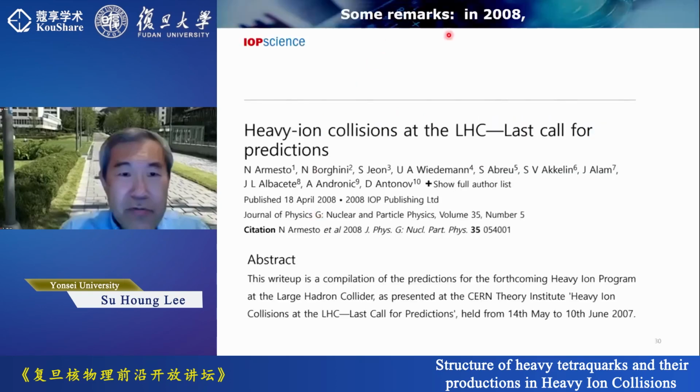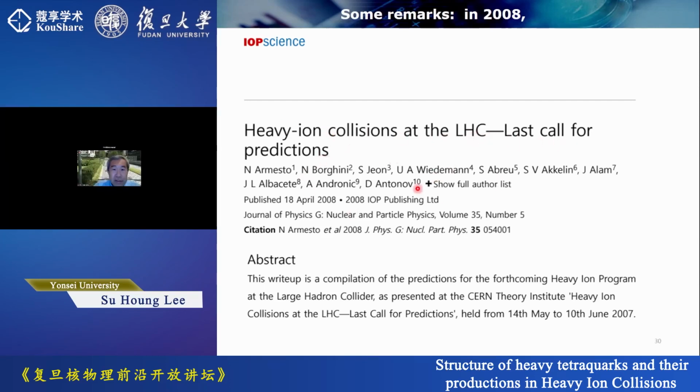In 2008, in fact, just before the LHC heavy ion program began, there was a conference at CERN, Heavy Ion Collisions at the LHC: Last Call for Predictions. It was held at CERN in June of 2007, I think, because this paper was published in 2008. Many people came.